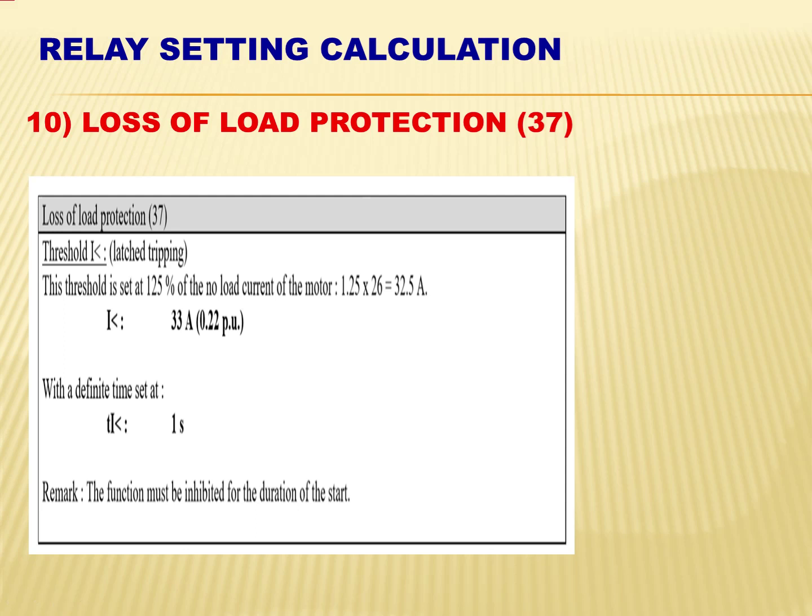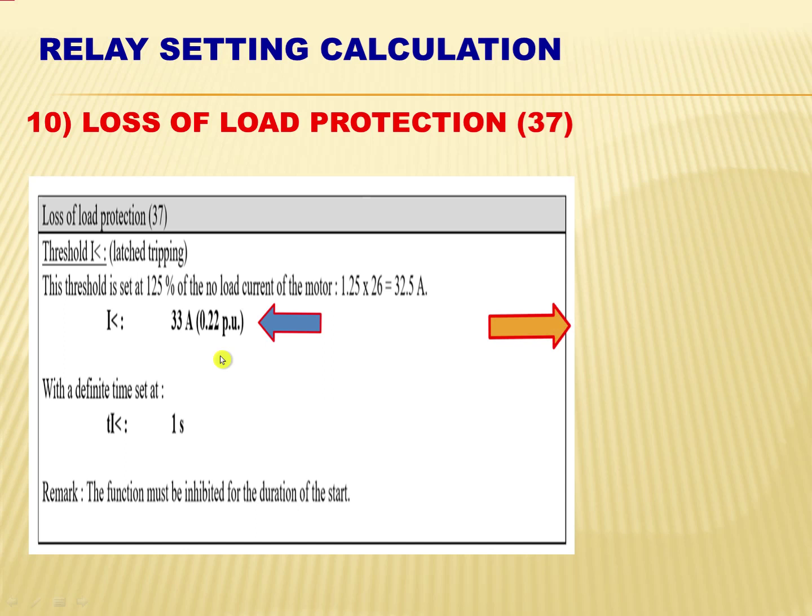This is relay 37 or the loss of load protection. Our threshold setting from here will be 125% of the no load current of the motor. Our no load current is 26 amperes, so this will be multiplied by 125%. We have here 32.5, so we'll just round this off. That's why we have here 33 ampere or 0.22 per unit.